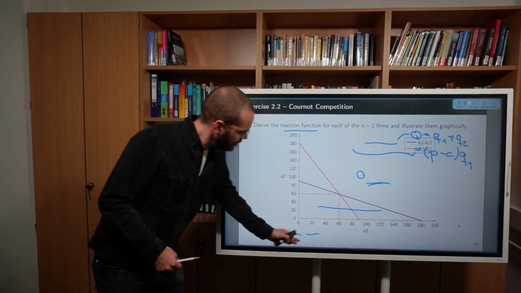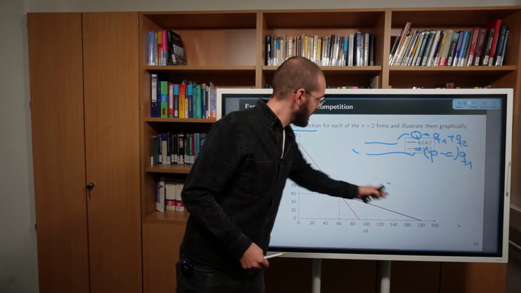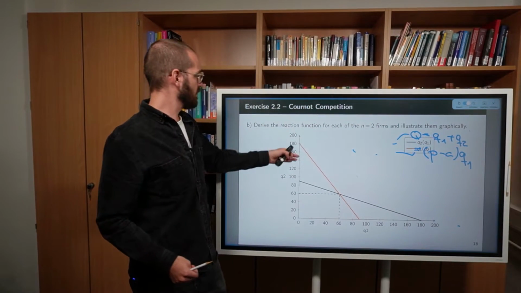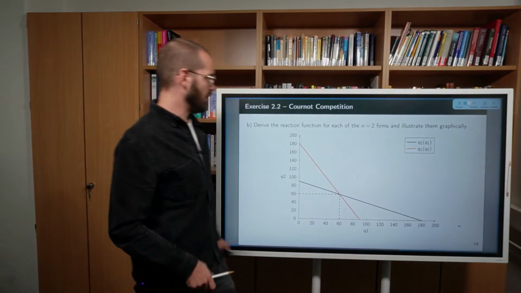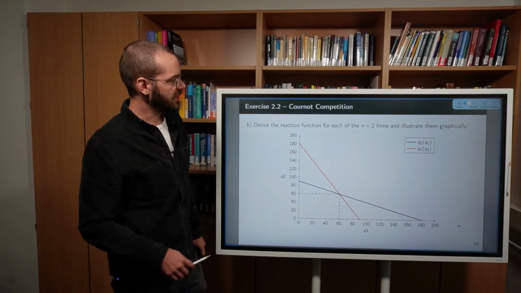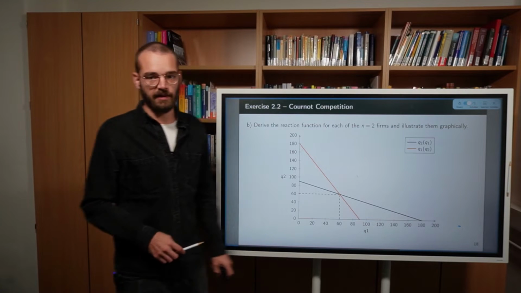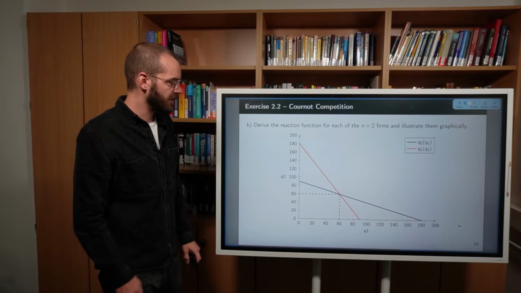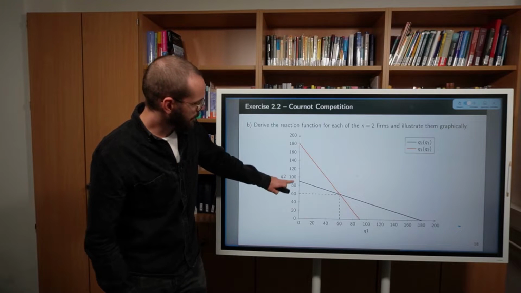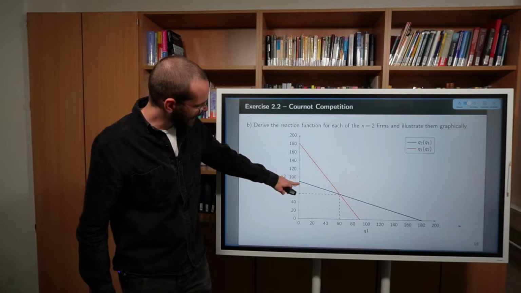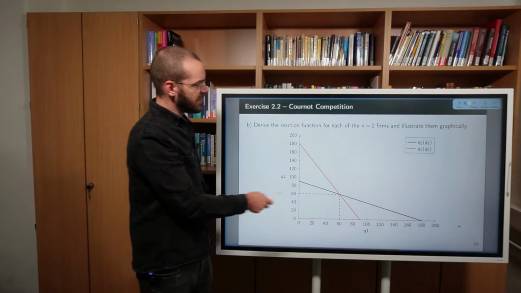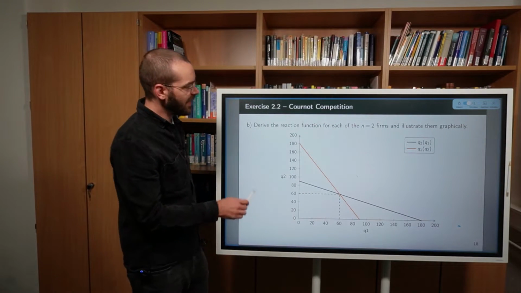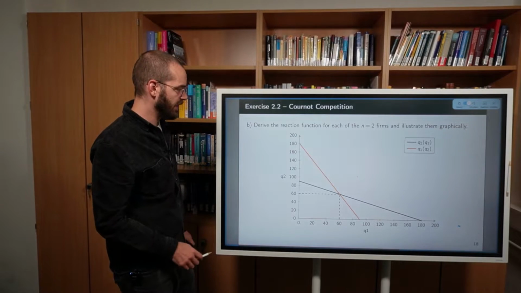All right. Now, this exercise did not only ask for us to state the reaction function of both firms, it also asked us to illustrate them graphically, and that's what we did in this plot. So the dark blue or black line is the reaction function of firm 2, the quantity of firm 2 as a function of Q1.